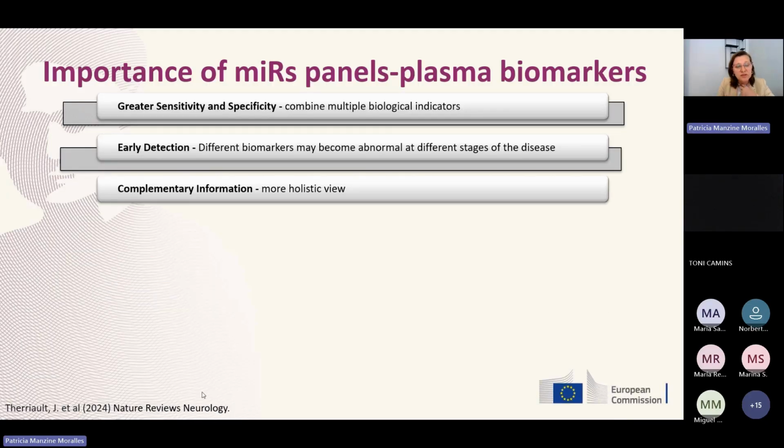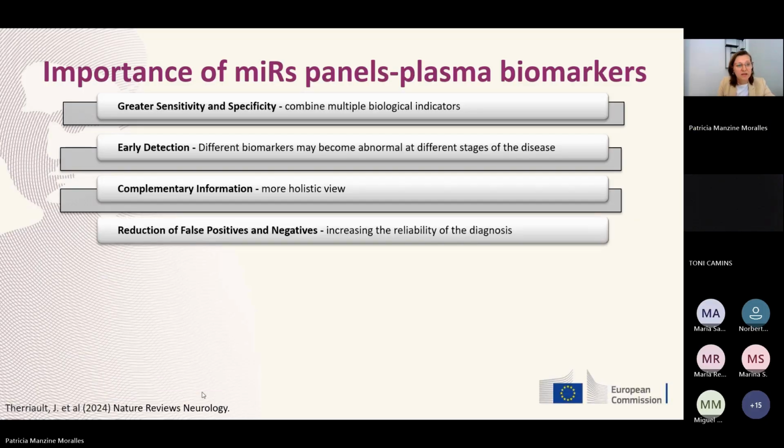They are important for complementary information, so we get a more holistic view of the pathology. They are also important for reducing false positives and negatives, so we are trying to increase the reliability and accuracy of the diagnosis.